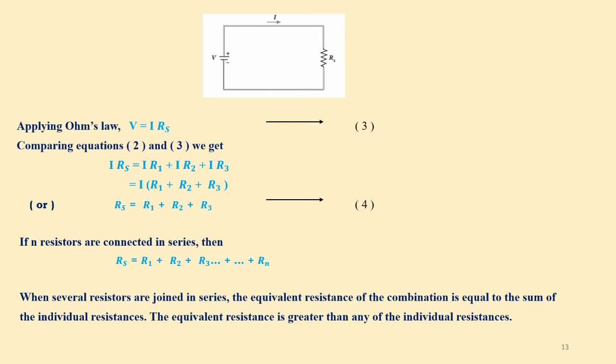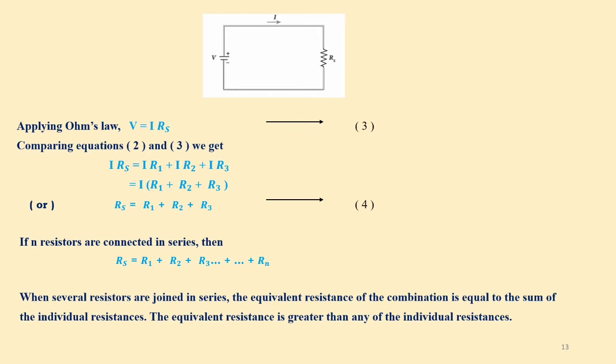This is equation 3. Comparing equations 2 and 3, we get I Rs equal to I R1 plus I R2 plus I R3. That is equal to I into R1 plus R2 plus R3, or cancelling the factors I on both sides, Rs equal to R1 plus R2 plus R3.